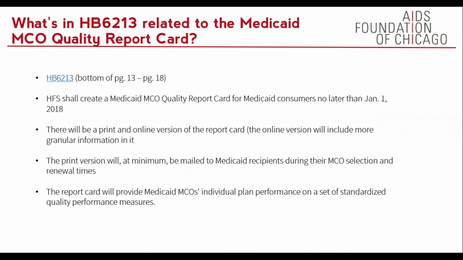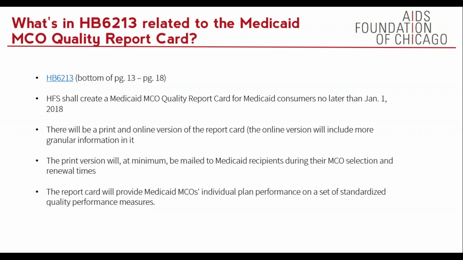Okay, so let's go in a little bit more into what's actually in the report card. As I mentioned before, House Bill 6213 is the bill that became law that created this report card.